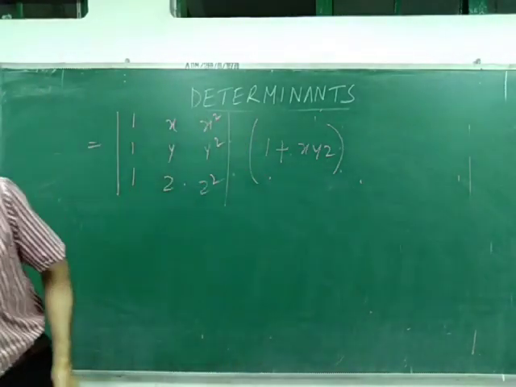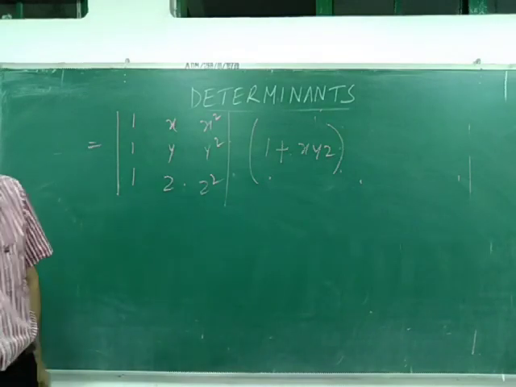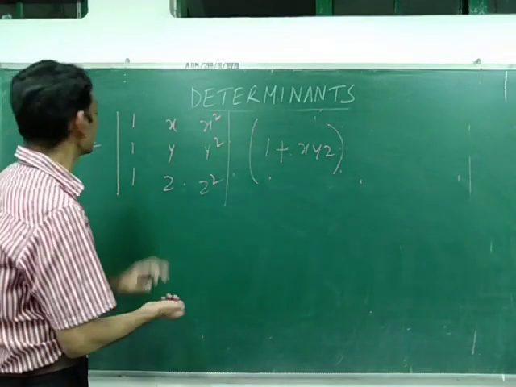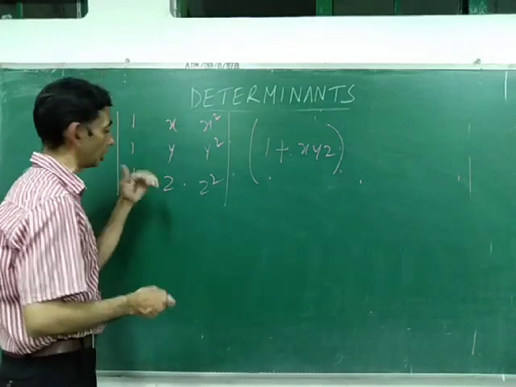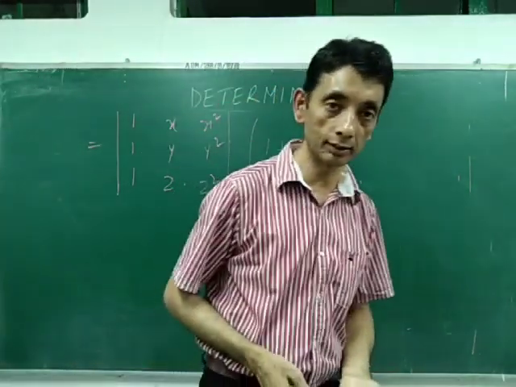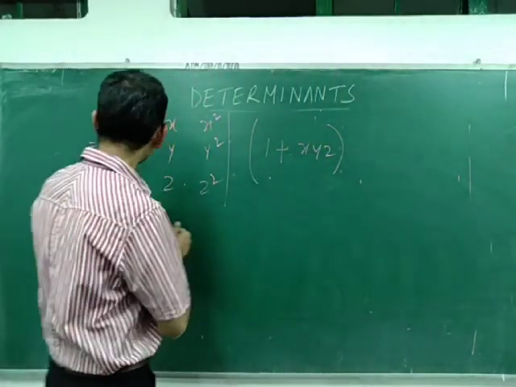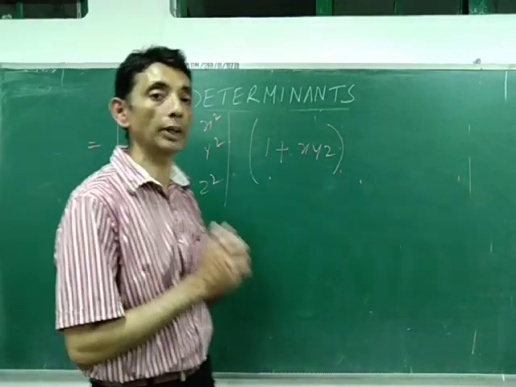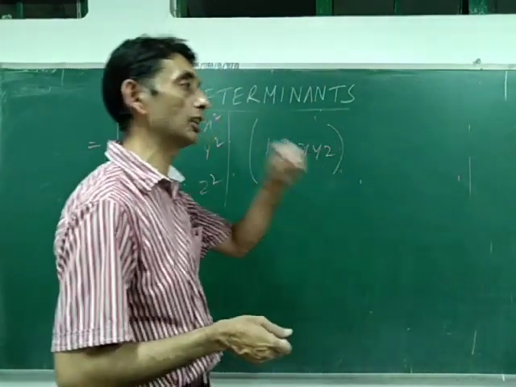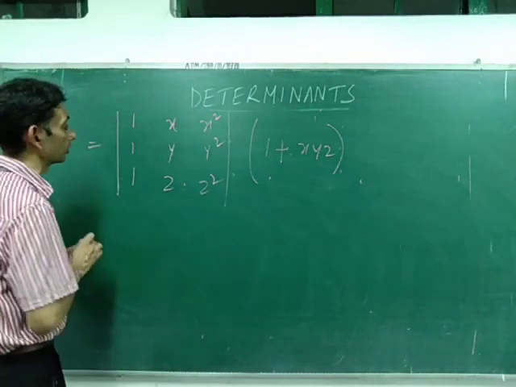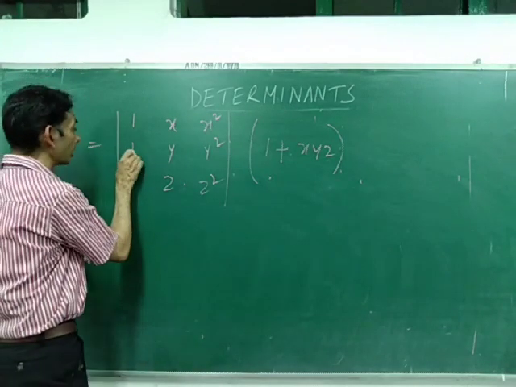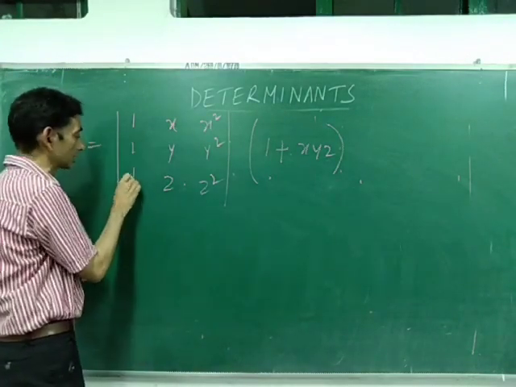Remember one trick we are going to follow now. What is the trick? In a determinant, if a column or a row consists of all 1s, out of the 3 ones, you always try to make two of them 0. That is a simple formula we are going to apply. So we are going to make this 1 zero and this 1 also zero.